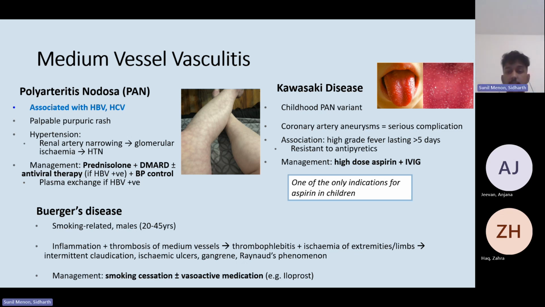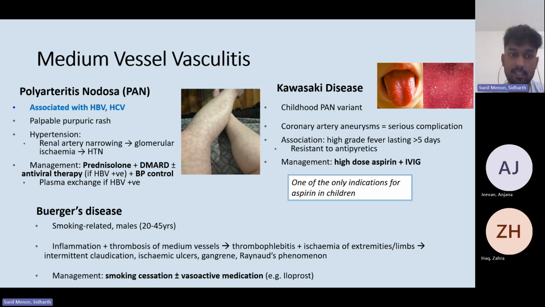Again, you get the constitutional symptoms, and usually more than one organ system, which raises the likelihood of a vasculitis. Diagnosis is a combination of things: examination, history, laboratory tests, possibly a biopsy.